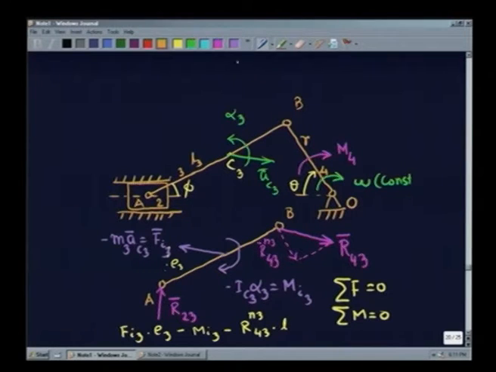This total moment about point A must be 0, because the moment of R23 about this point is 0. So the moment of all other forces and moments ultimately must be 0. From this we can find out R43 N3. Please keep that in mind.